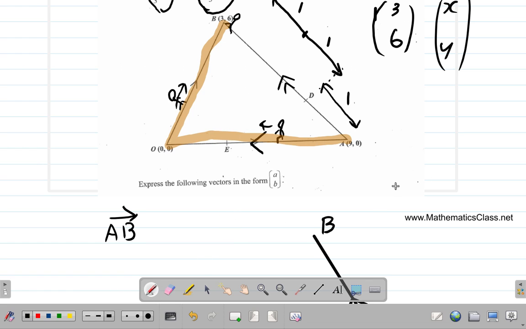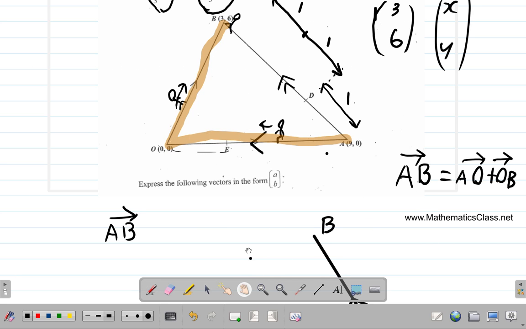So therefore you can say AB is equal to AO plus OB. A to B, you end up the same place by saying A to O, then O to B. Do you see that? You get AB by adding AO to OB. That is what you have there. Now, AB is AO plus OB.